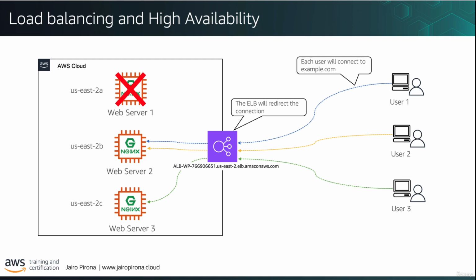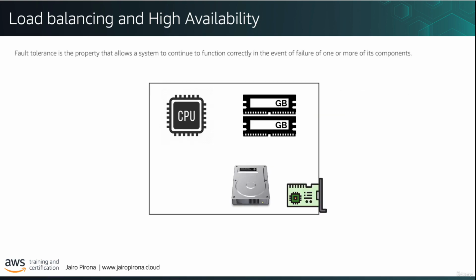Now, in addition to high availability, you may have heard of fault tolerance. Fault tolerance is where we have the ability to recover in the event of something like a component failure. So, in this example, there's a computer. It has a memory, CPU, hard disk drive, and network card. And the network card has just failed as well as the hard drive.